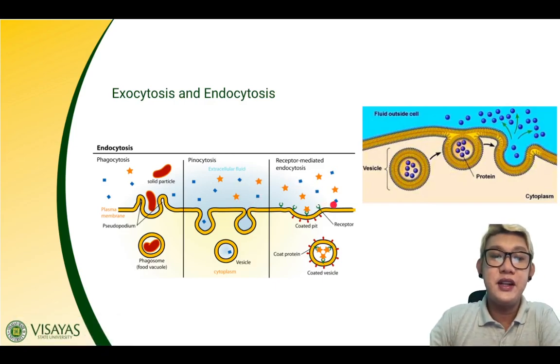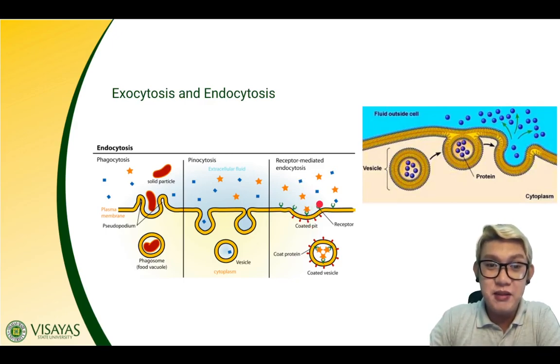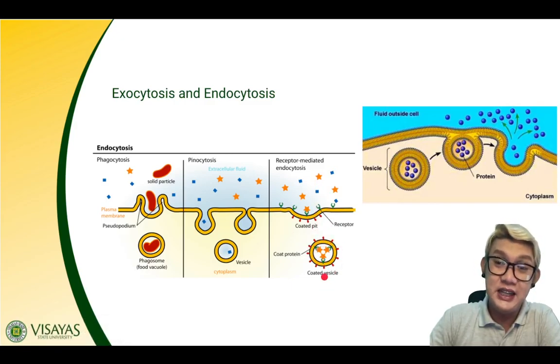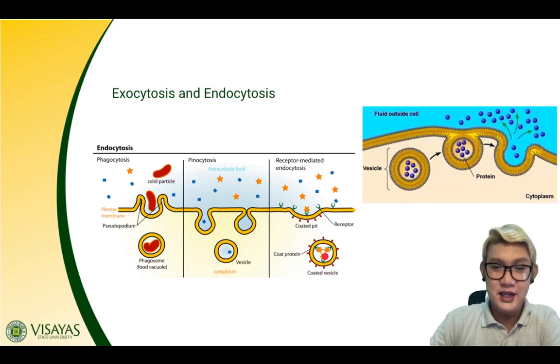Now, there are specific receptors in the cell that recognize specific molecules outside. When they bind and are recognized by these receptors, that stimulates endocytosis. This is what we call receptor mediated endocytosis, forming coated vesicles inside the cell.